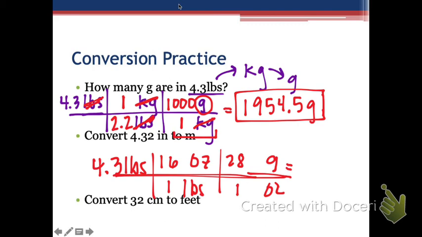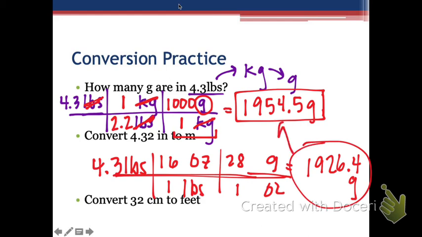So if I take 4.3 times 16 times 28, I get 1,926.4 grams. That's pretty darn close to what we got using that method, right? So you can do them either way. You can choose whatever path you prefer. You're going to get the same answer, okay?